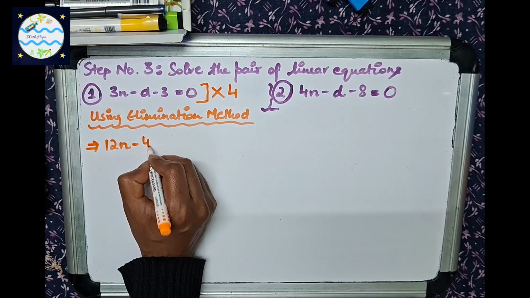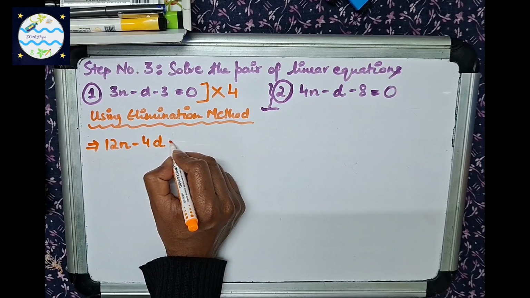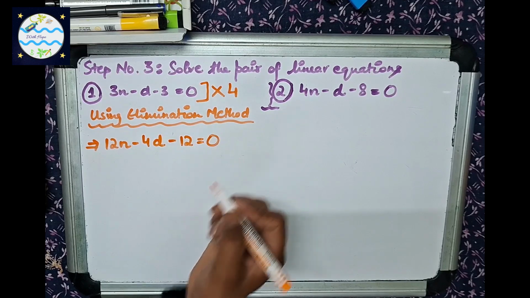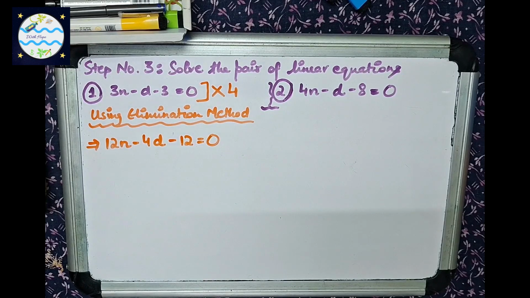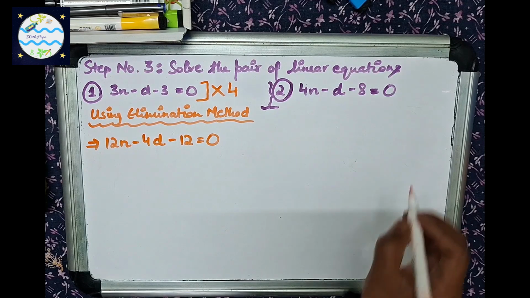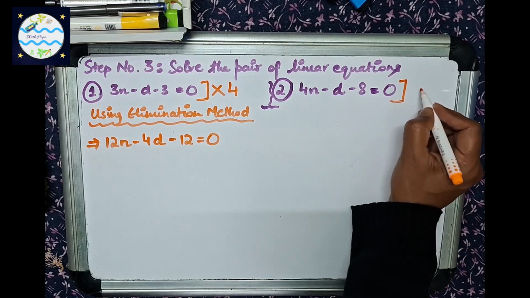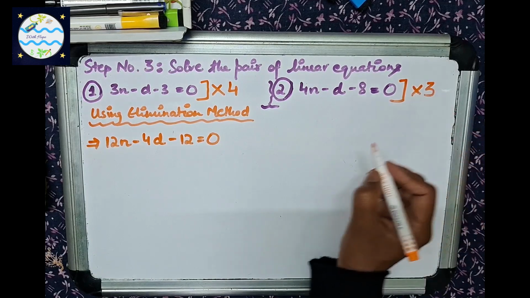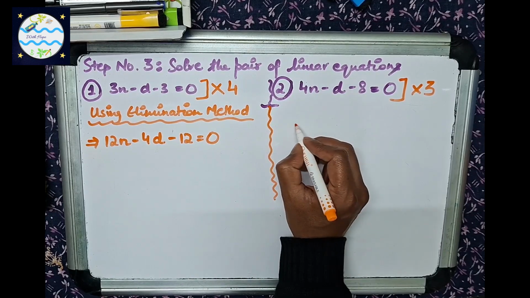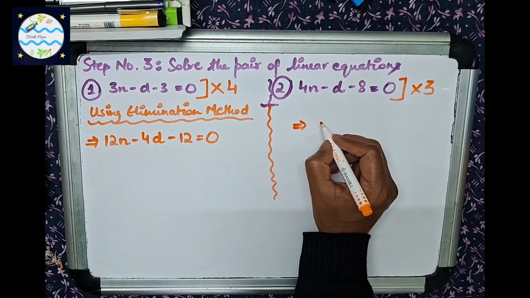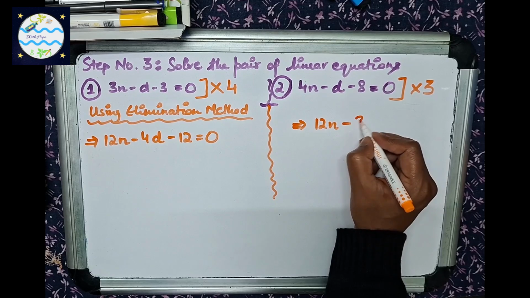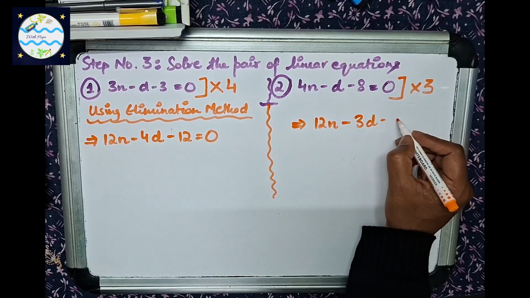On multiplying equation 1, 3n minus d minus 3 is equal to 0, with 4 on both sides, we get 12n minus 4d minus 12 is equal to 0. On multiplying both sides of equation 2, 4n minus d minus 8 is equal to 0, with 3, we get 12n minus 3d minus 24 is equal to 0.